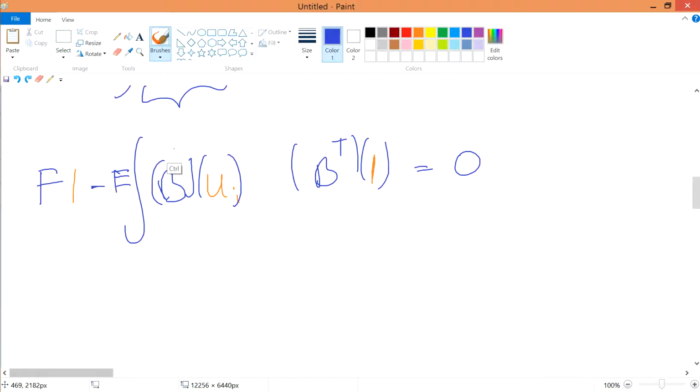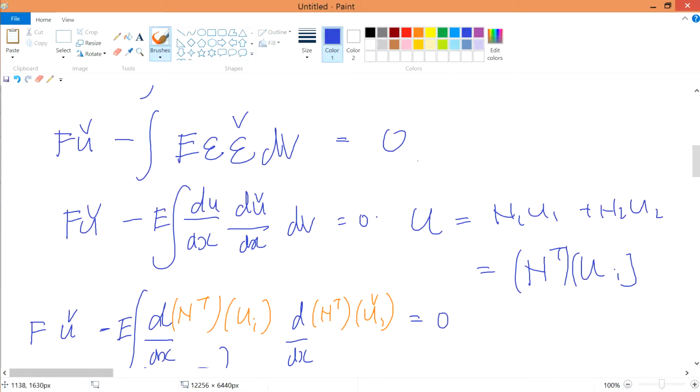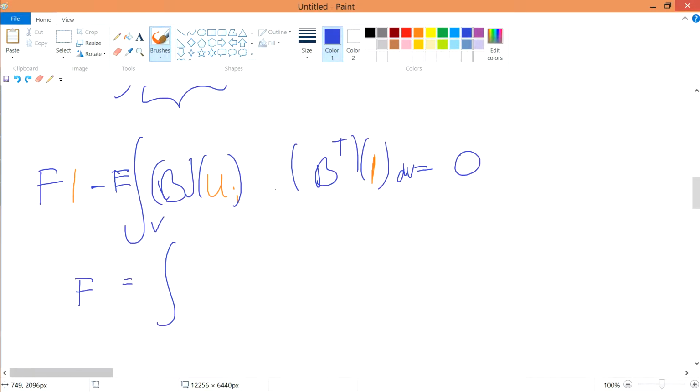So therefore this is some form of what you do. And then I'll simply bring this thing over to the other side. So I have F times 1 is simply F, because it's just an identity matrix only. Therefore F is equal to the integration, to be more exact, over V. Because if you take a look, it's in terms of this dV over here, so you're integrating in terms of the volume.